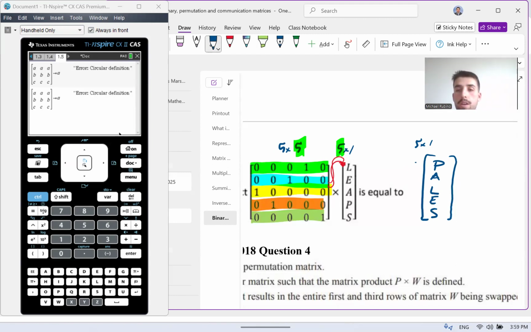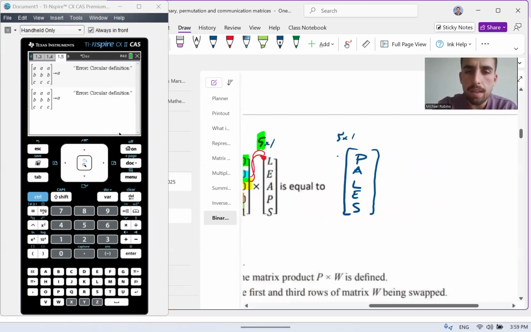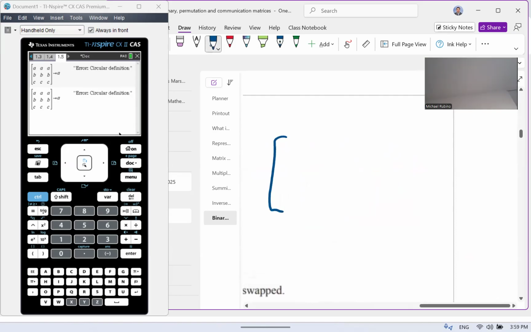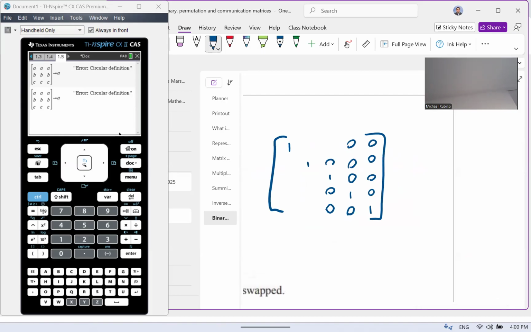Now, you can obviously do this in your CAS, and it will tell you the answer. What it's done here is rearrange the order. So if we had done this as 1, 1, 1, 1, 1, this is called the identity.